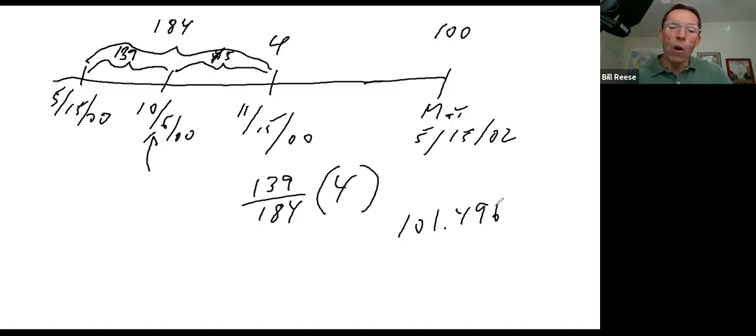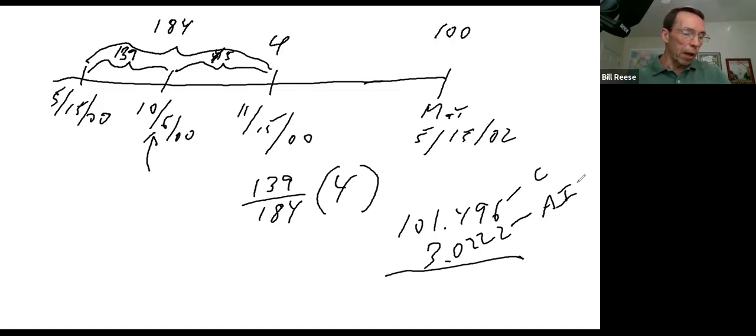I will have to add on to that 139 over 184 times 4, which is equal to 3.022. So this is the clean price, I'll put a little C there for clean price. This is the accrued interest on the bond, AI, and then you add them together, and that will be what's called the invoice price of the bond.